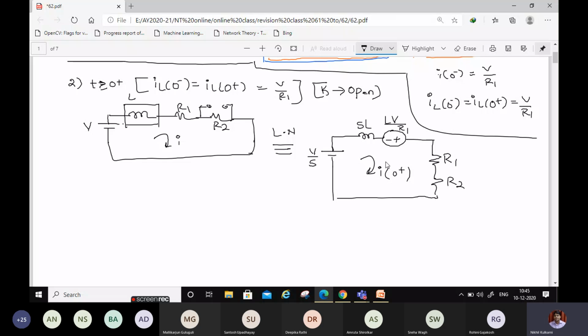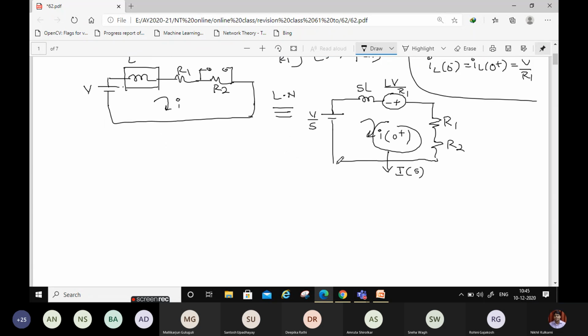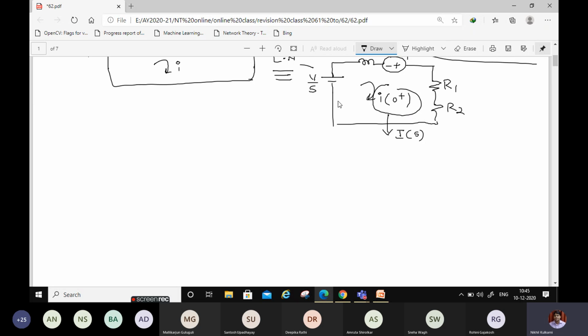So this we write for reference, but actually in the Laplace domain it will be I of S. So if you apply KVL to this now, what you get is minus V upon S, going clockwise.